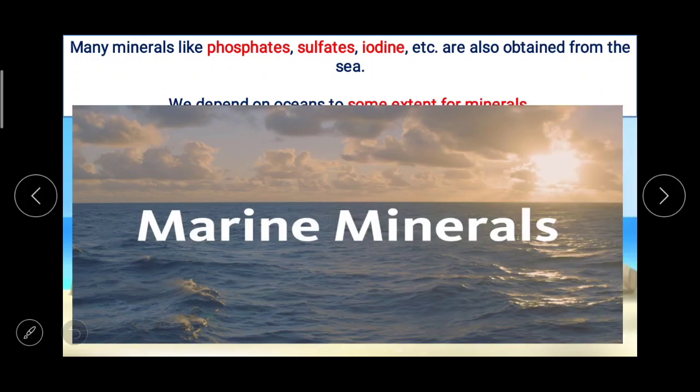Next, many minerals like phosphates, sulfates, iodine, etc. are also obtained from the sea, and we depend on oceans to some extent for minerals. That is why marine minerals are very important, and we totally depend on them.